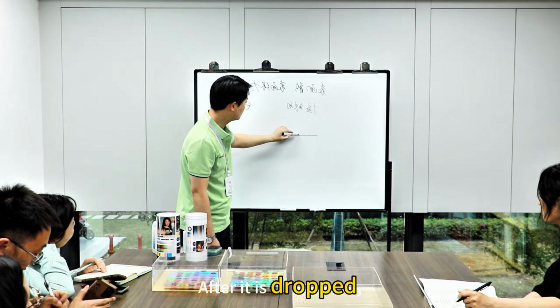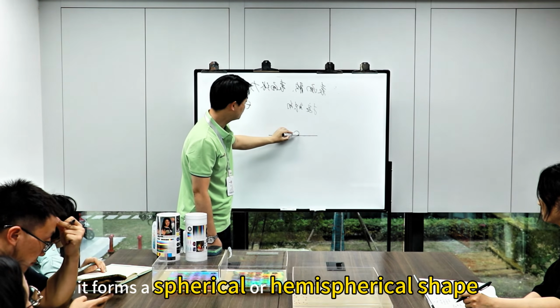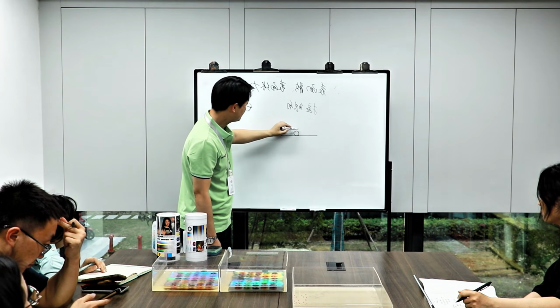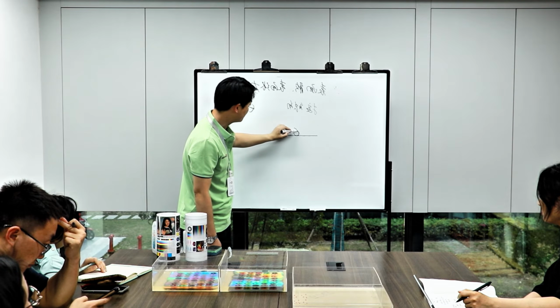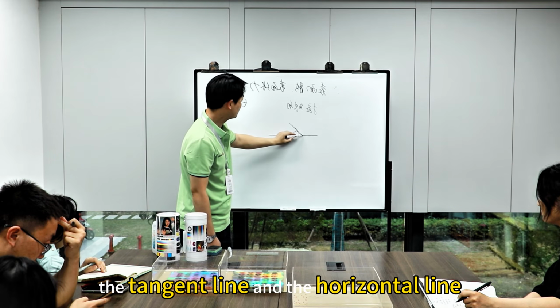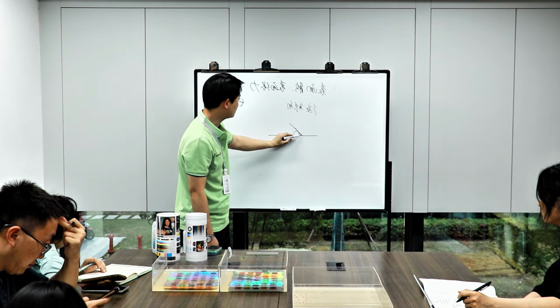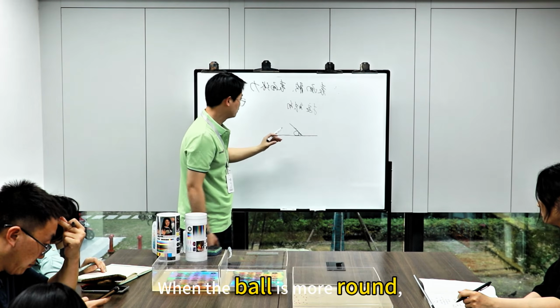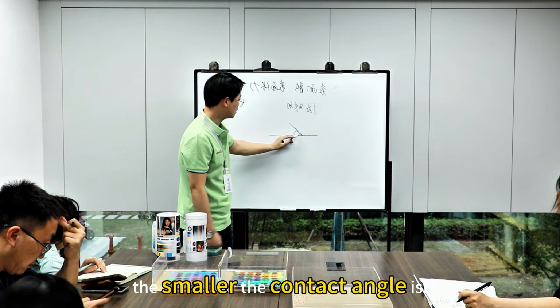After it is dropped, it forms a spherical or hemispherical shape. The tangent line and the horizontal line form an angle. The contact angle. When the ball is more round, the contact angle is larger.